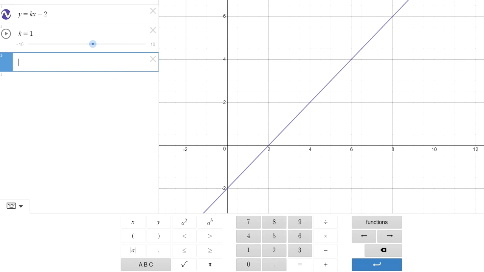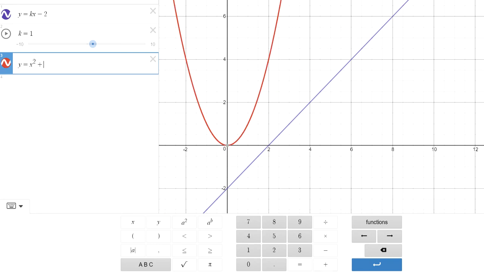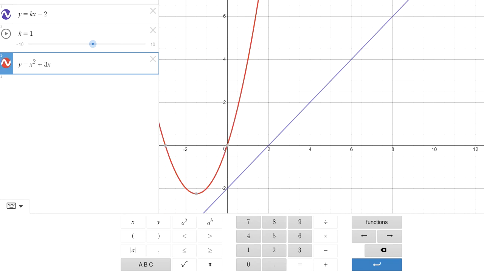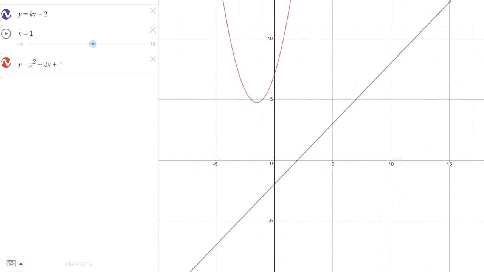Next one, y equals x squared plus 3x plus 7. Okay, so here we have two graphs. This is for question number 1.